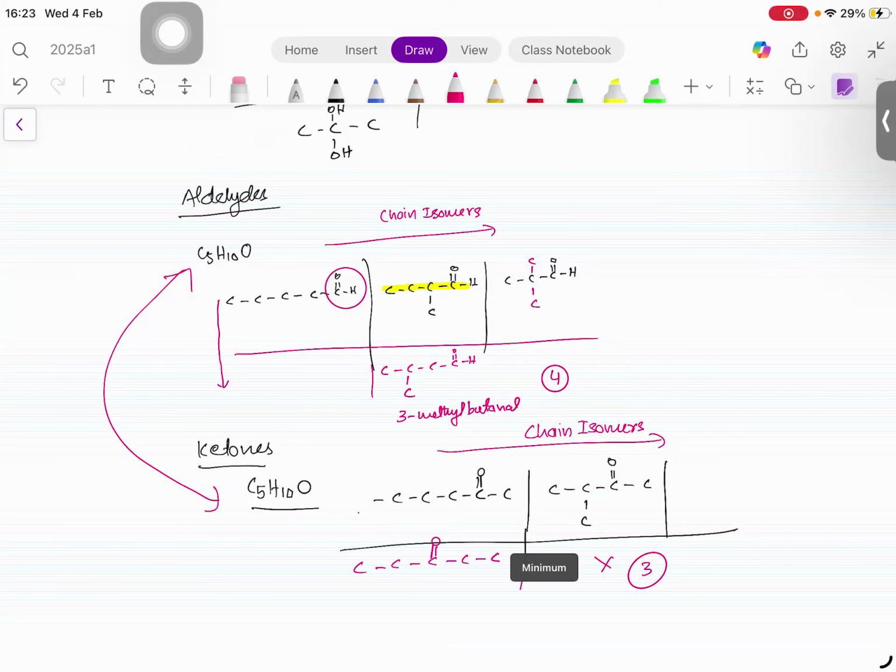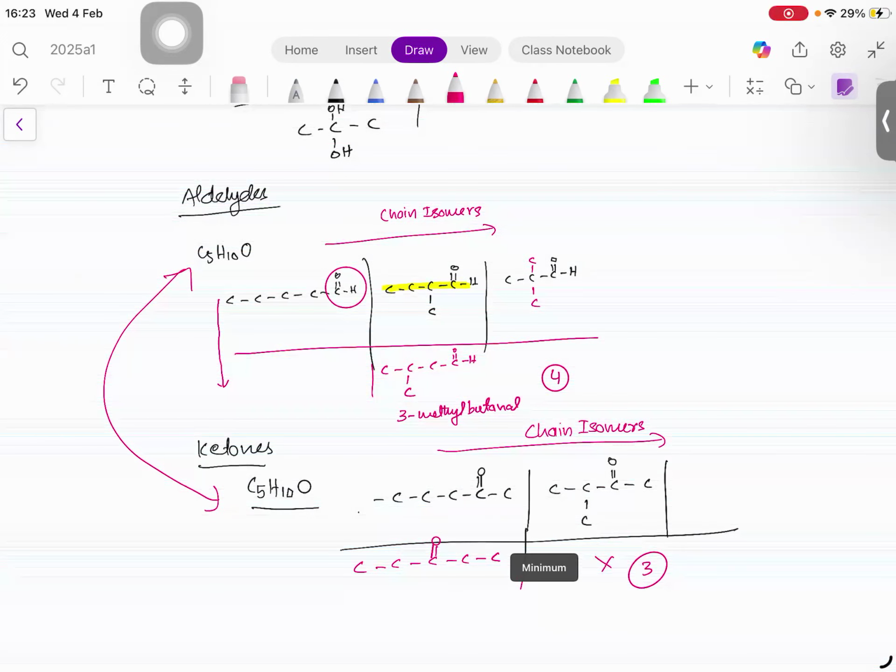It has 7 structural isomers. Out of 7, 4 of them react with Fehling solution. You will learn this as we move on. Fehling solution only reacts with aldehydes.